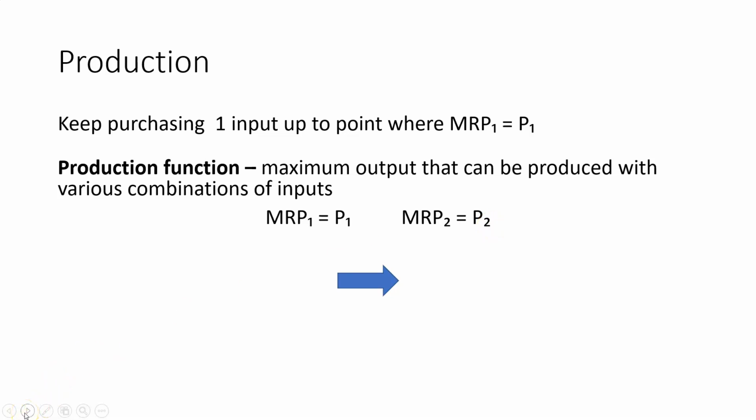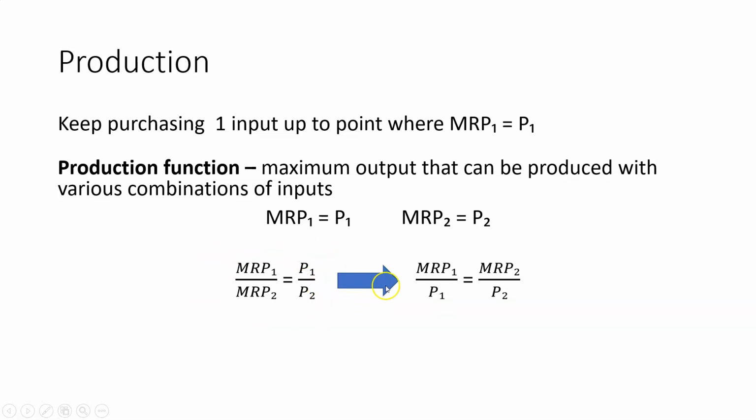So we do what we did with the marginal utility when purchasing two goods. We make a ratio. So we know that the marginal revenue product of fertilizer has to equal the price of fertilizer. The marginal revenue product of labor has to equal the price of labor. So if we're buying them together, we create this ratio.